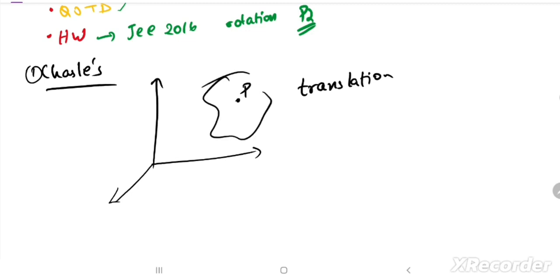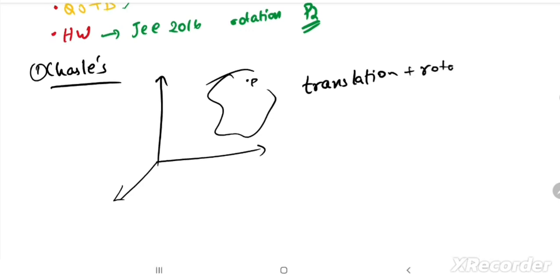It's a solid body rather than a particle. If we consider any point P on it, then we can write the motion of point P as the translation of the body plus the rotation of the point P with respect to the body. Basically, this is nothing but relative motion.